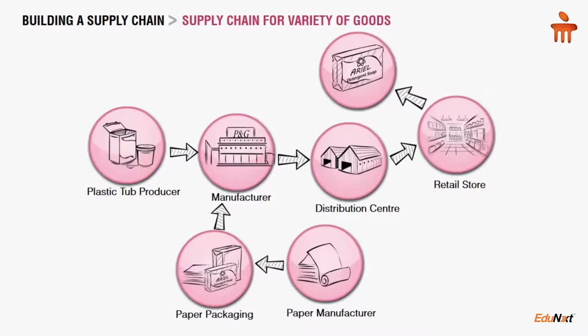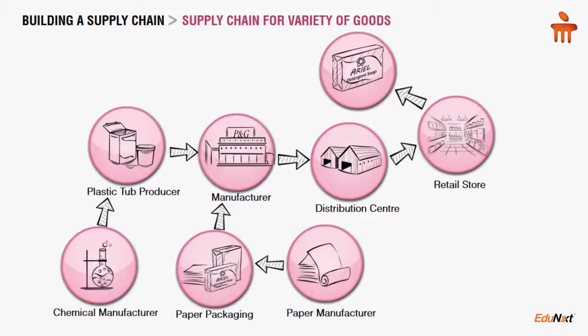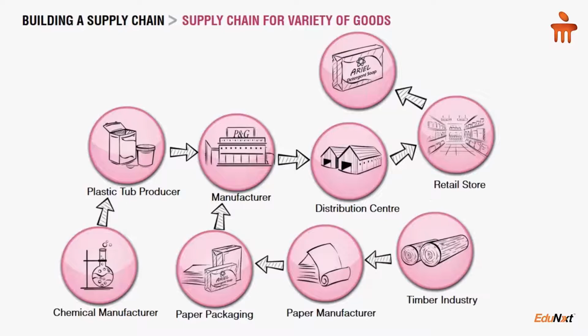Stepping further back into the chain, National Vinyl also probably has a whole bunch of suppliers who are giving them a bunch of different chemicals which need to be brought together to make that plastic tub. And similarly, ITC Bhadrachalam probably is interacting at some level with the timber industry to ensure that that is the basic raw material which is required for this paper is coming into their plant so that they can make this paper, supply it to P&G, and so on until ultimately that timber is converted to a wrapping around a piece of soap which reaches you as an end customer.